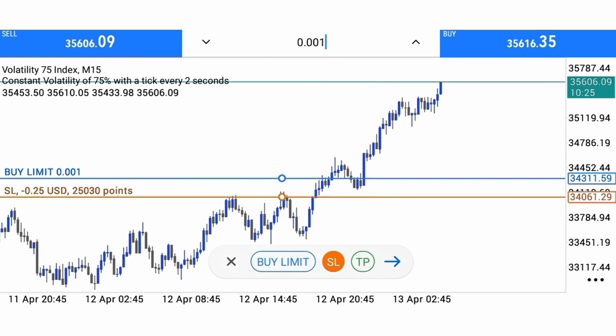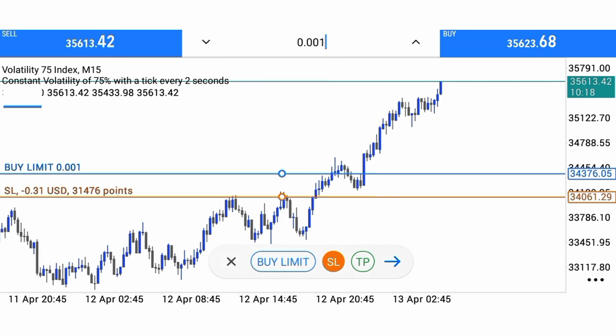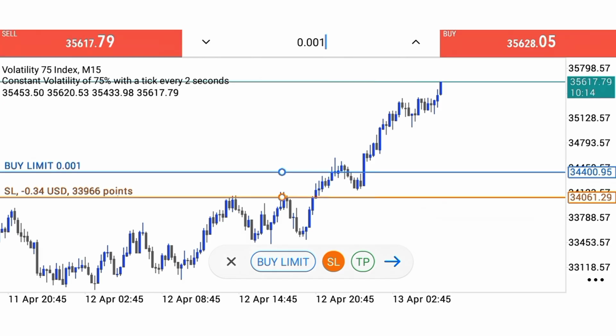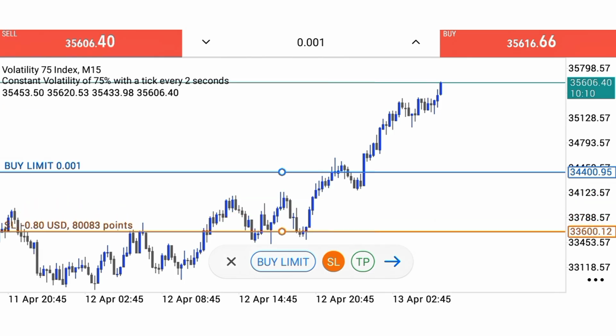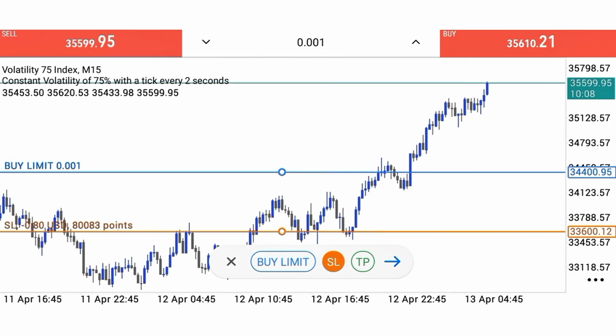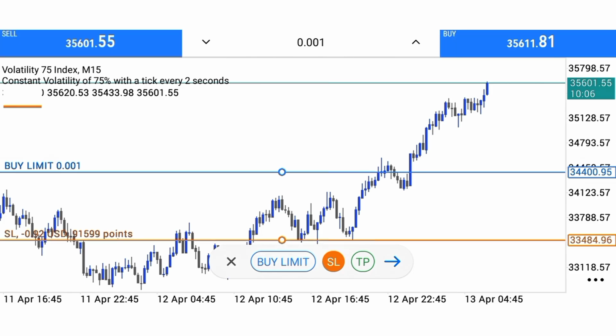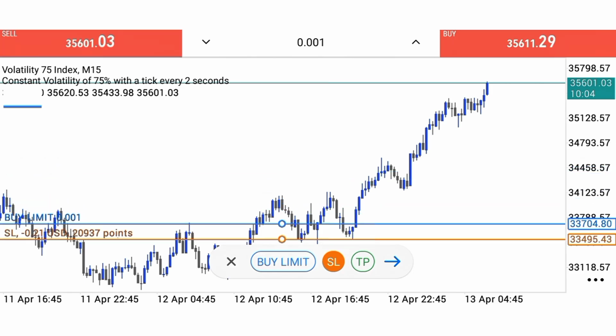You see, I'm using the lowest lot size now, and I can risk 0.25 cents. You understand? So you are risking very little with this asset, this volatility 75. That's why a lot of traders love derived synthetic indices, because it gives you this opportunity to risk low on your trades.